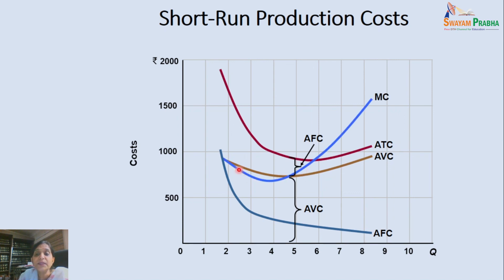Then we saw your marginal cost curve, which is also a U-shaped curve. It cuts the average cost curve when average cost is minimum. So this is how you explain the short run output and cost relationship. These are the four basic curves which we talk about: AFC, AVC, ATC and marginal cost.